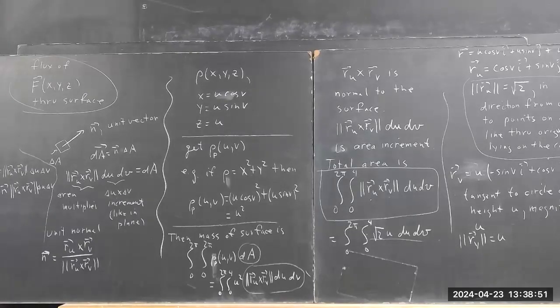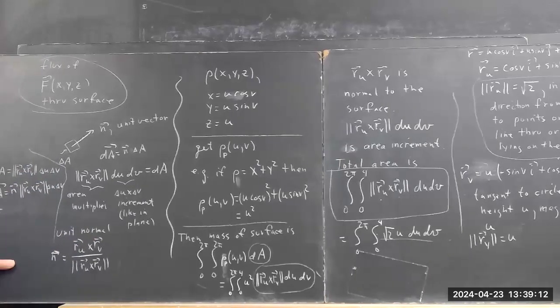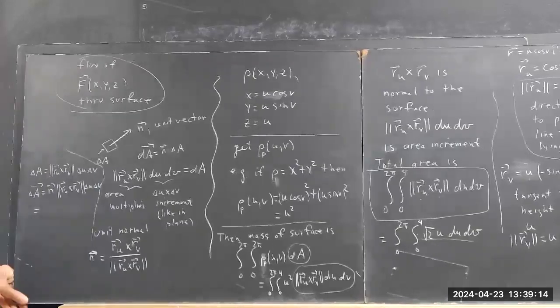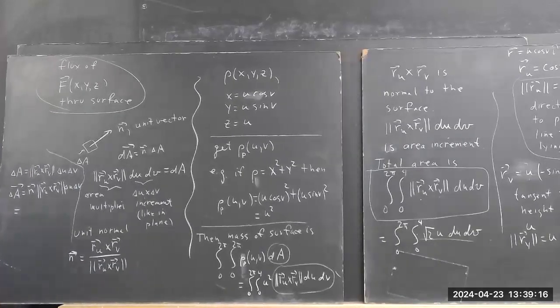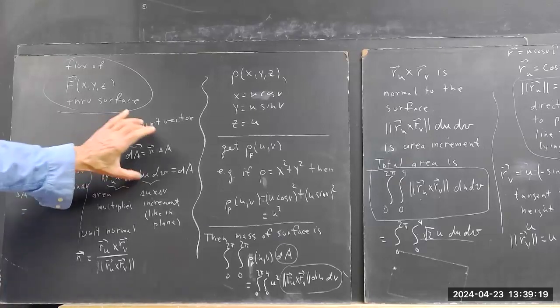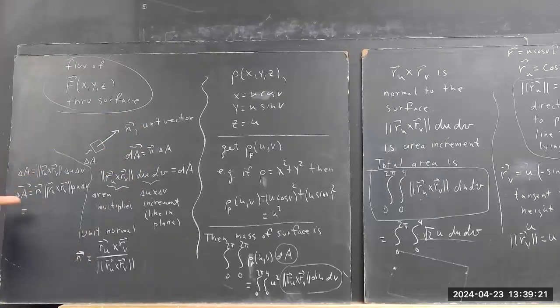Well, then RU cross RV cancels out. Yeah, okay, I know what you meant. You mean the magnitude of RU cross RV? Yeah, okay, you knew that. You plug this into here, what happens? This is just kind of rewriting what we have here, but there it is.